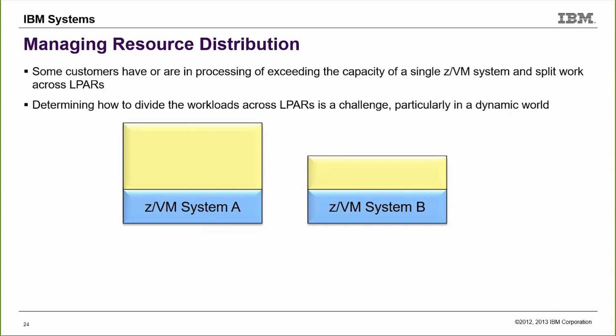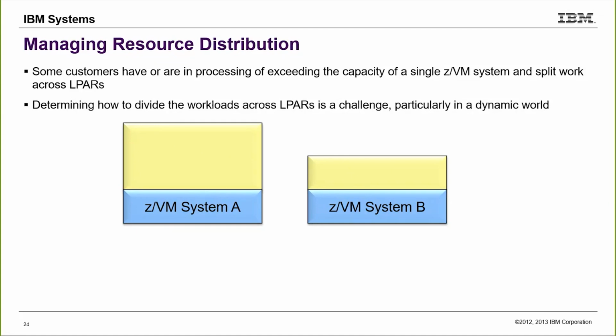Now, if these were two discrete z/VM systems, a non-SSI environment, I could move virtual machines from one to the other, the old-fashioned way. But that requires identifying them, recognizing them, and the resources that are involved with them. It means taking them out of one directory and adding them into the other directory, which is a place that's easy to make a mistake, and a mistake being costly.